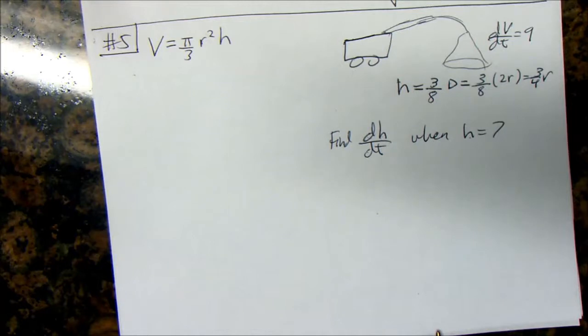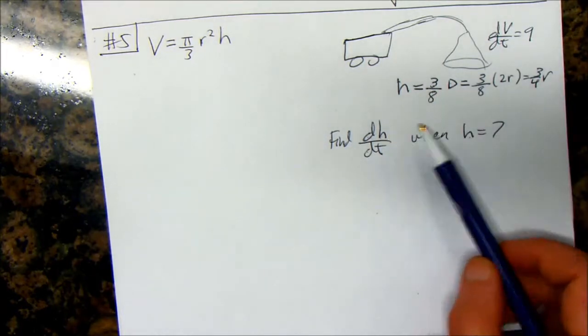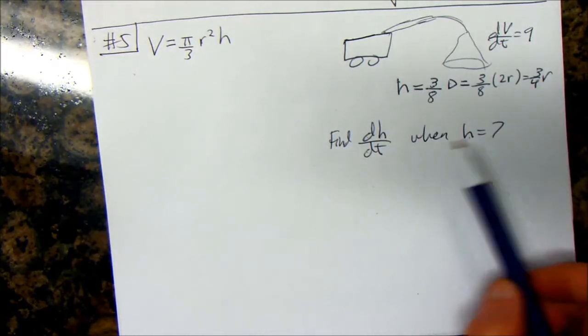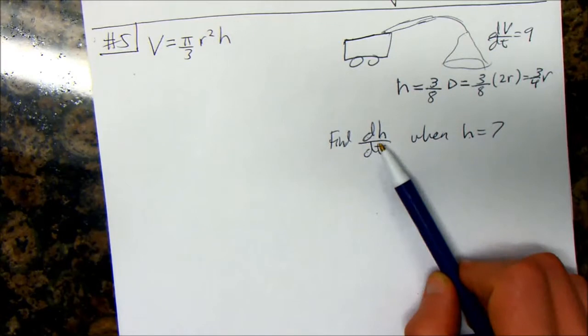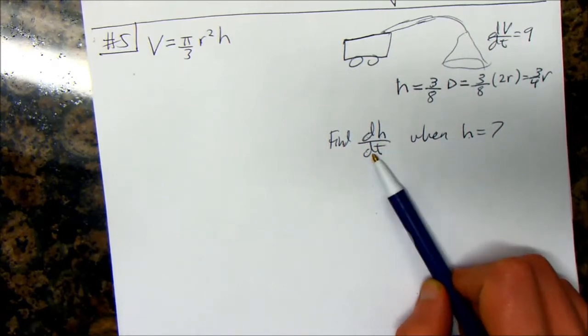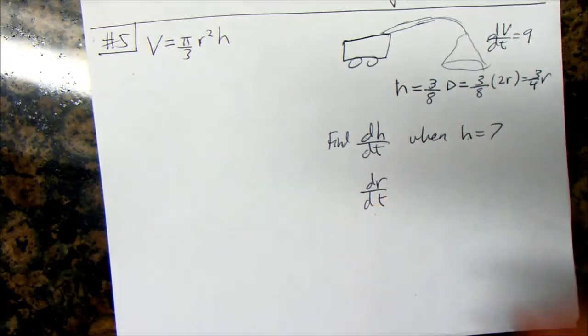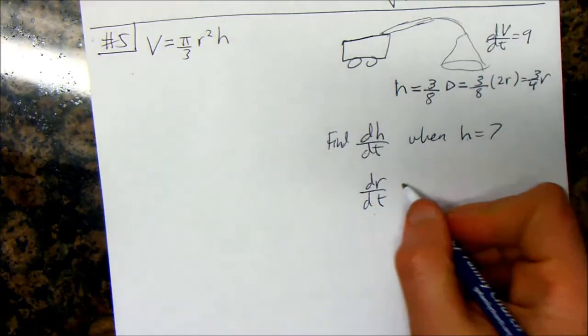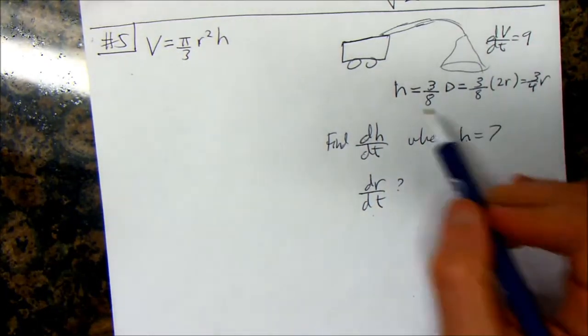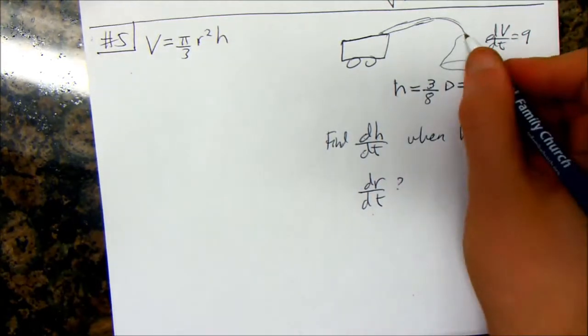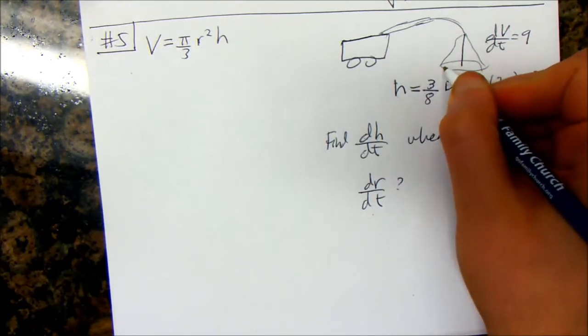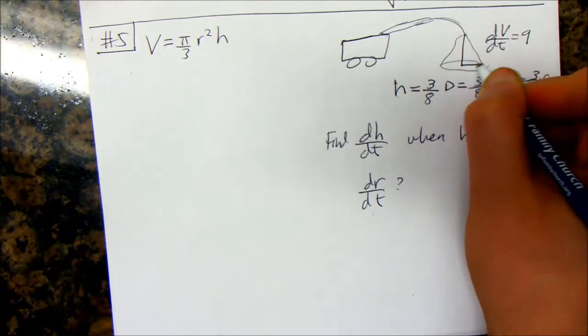Yeah, okay. And then they also give you the fact that the height is going to be 7, and they want you to find the rate at which the height is changing, which is dh/dt. And they want you to find dr/dt, the rate at which the radius is changing.